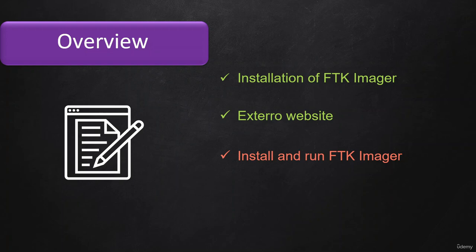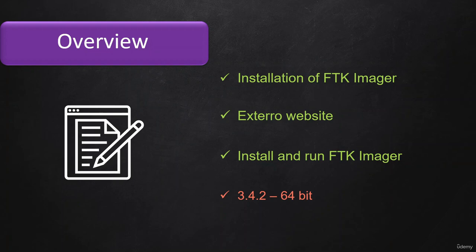The reason why I am using 64-bit and why you have to use a 64-bit operating system is that, starting from version 3.4.2 of FTK, the FTK Imager is now only available as a 64-bit application. Before that we used to get 32-bit and 64-bit versions as well, and both could easily be downloaded from the website.